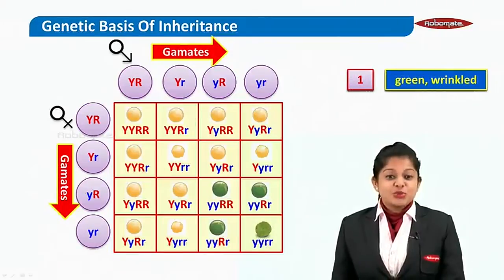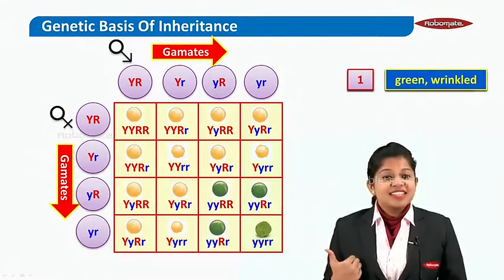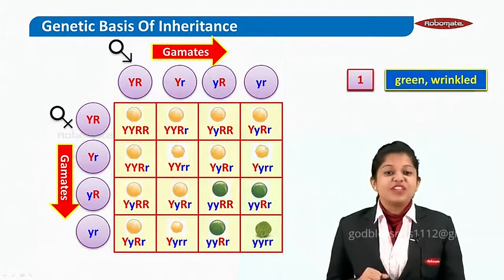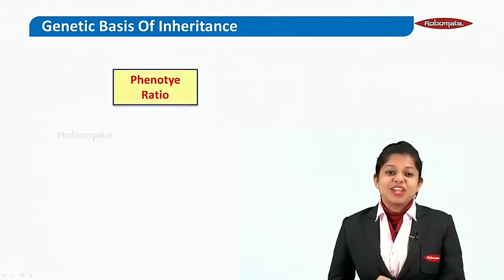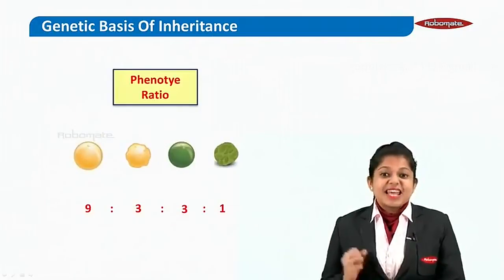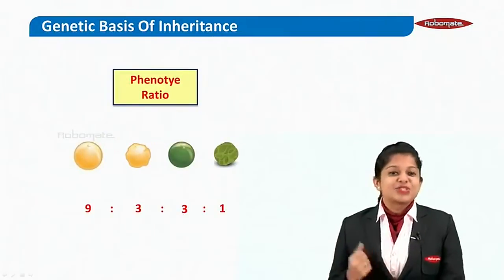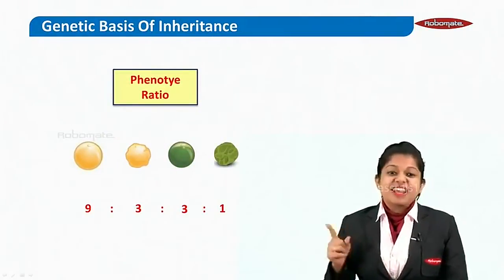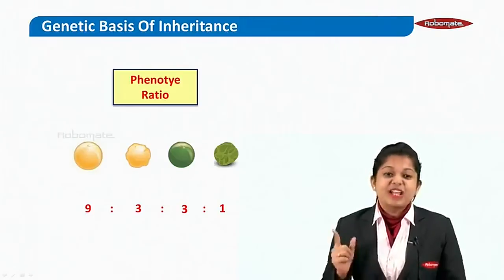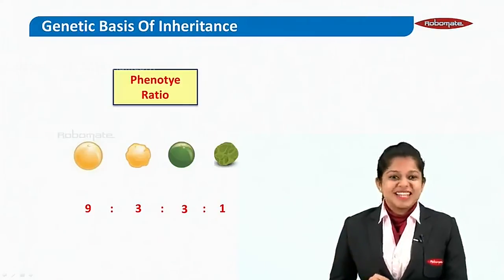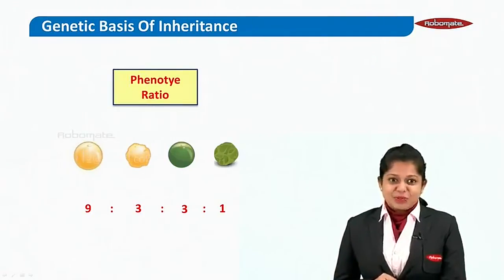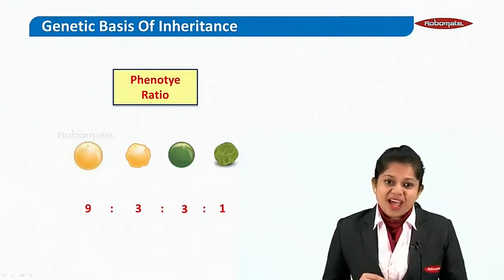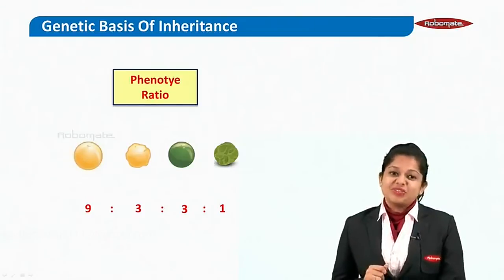Again, I mentioned students, here we are concentrating only on the phenotypic ratio. So therefore students, the phenotypic ratio that is formed is 9:3:3:1, where 9 seeds were seen to be yellow round, 3 were seen to be yellow wrinkled, 3 again seen to be green round, and 1 which was seen to be green wrinkled.